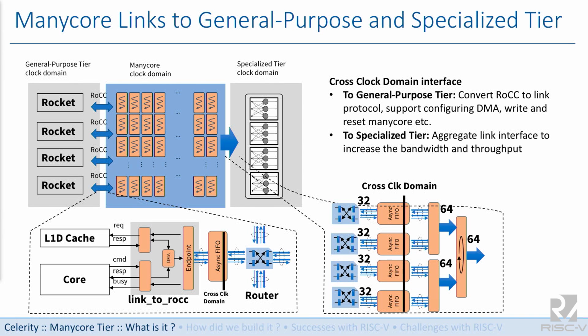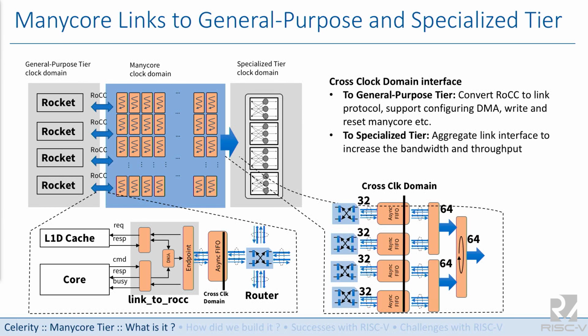So if we pop up a level and think about how this Manycore is integrated with the rest of the system, we use all of these parallel links on the left. There's the Rocket cores. And the Rocket cores, they have the RoCC interface. So for each Rocket core, it has its own RoCC interface that connects to one of the routers in that mesh of the Manycore. And then on the other side, we have a whole bunch of parallel links that go from the Manycore to the neural network.